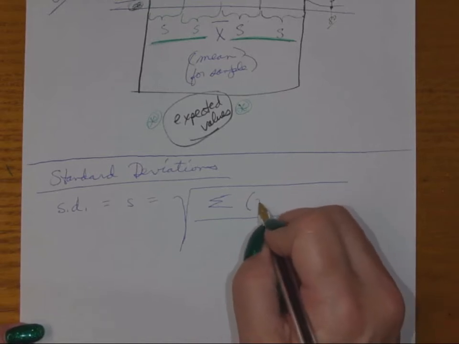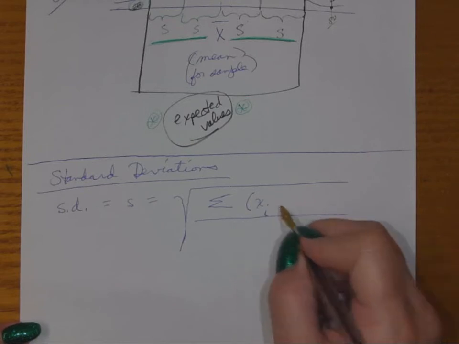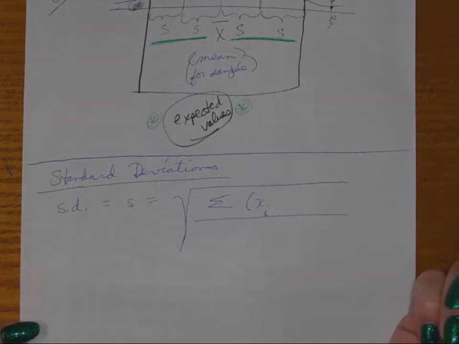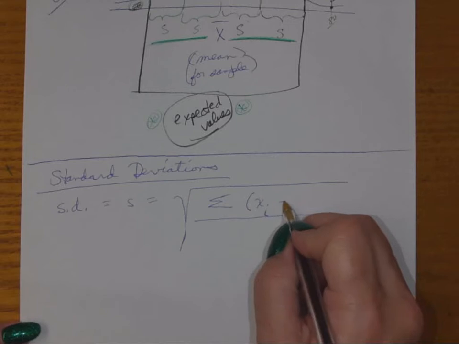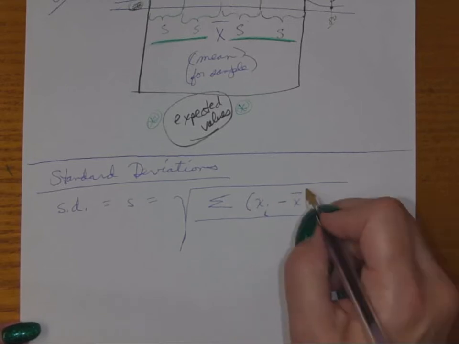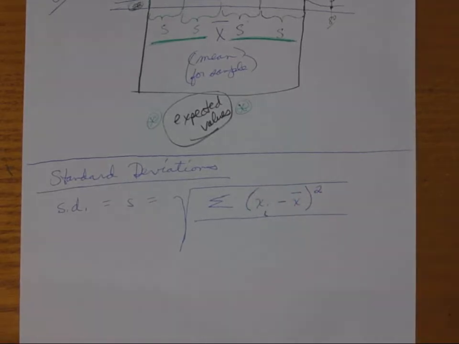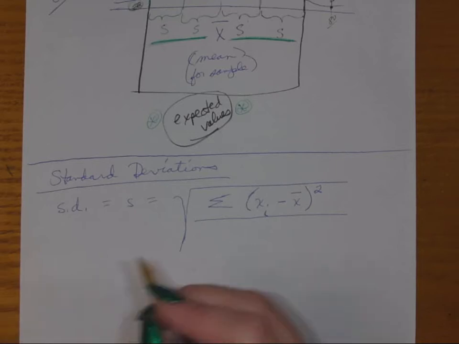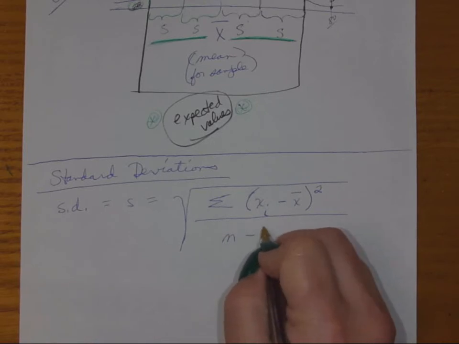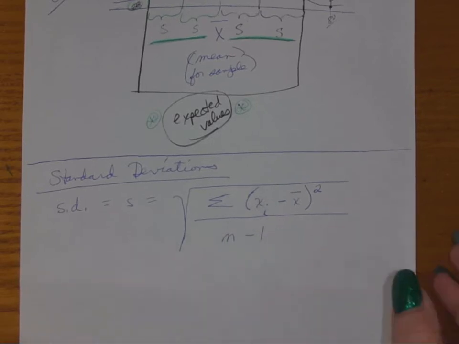Parentheses, x with a subscript, which means down below, x sub i. Instead of an exponent, it's a subscript. Minus x bar. Oh, that's one we know now, mean. Parentheses, squared. So the square is on the parentheses, okay? And then on the bottom is an n minus 1. All right, there's a lot of stuff running around there.